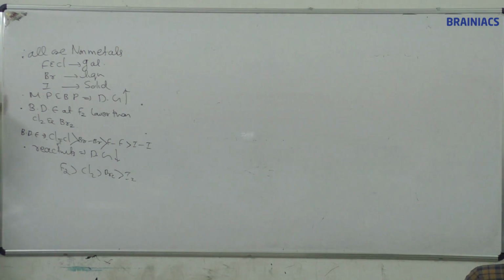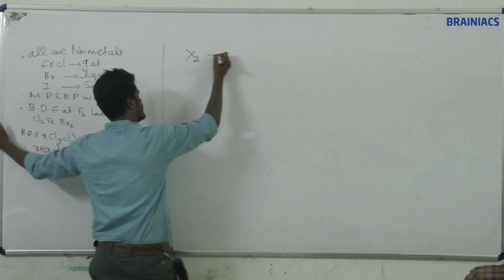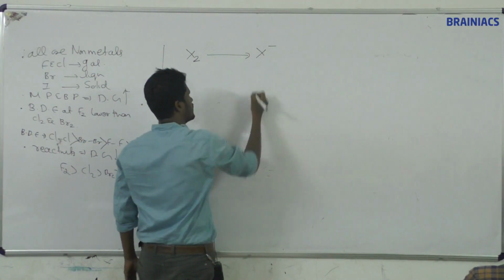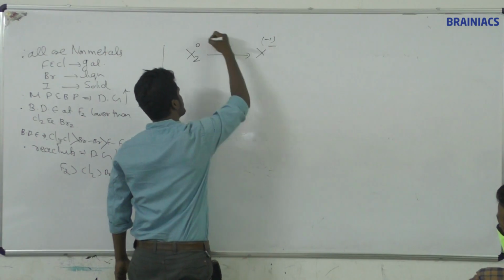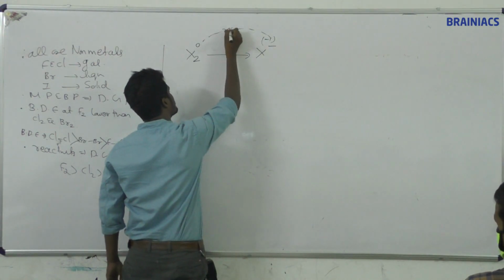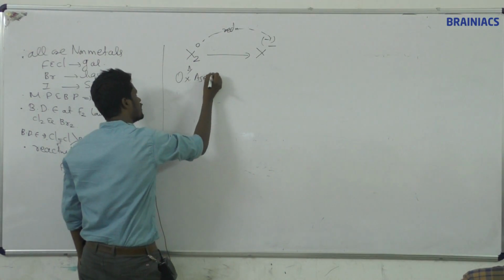electron affinity. In other words, X2 halogens are converted into what? X minus. So that means 0 to minus 1, which undergoes what? Reduction. So they act as what? Oxidizing agents.